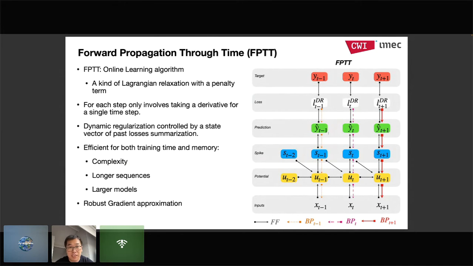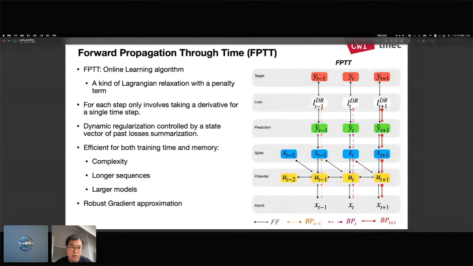So with the help of this mechanism, we can train large spiking neural networks with less GPU cost, and it also allows us to train the network on longer sequences. The second thing we got for free is, if you check the computational figure, there is no gradient calculation along the time.